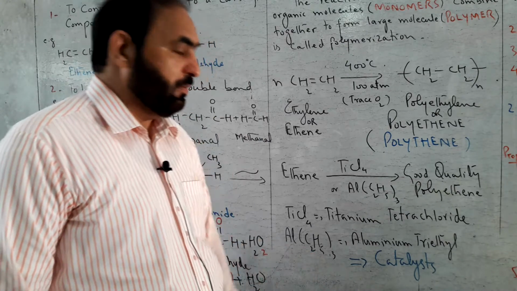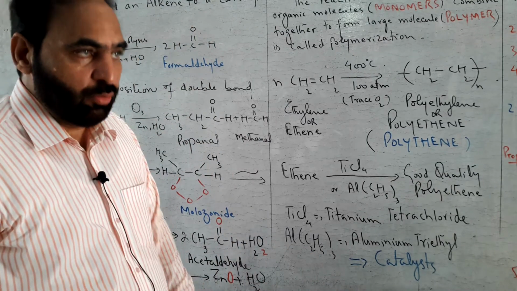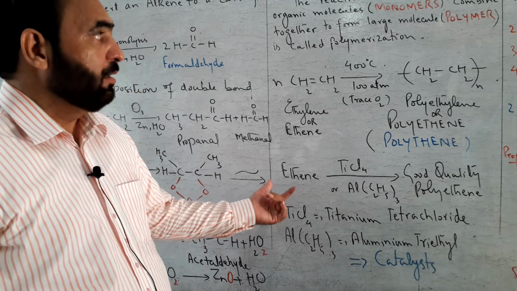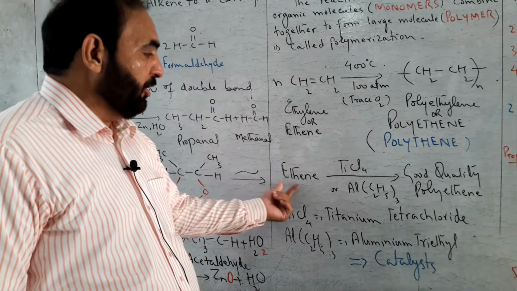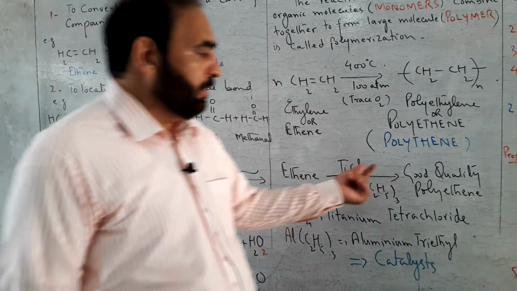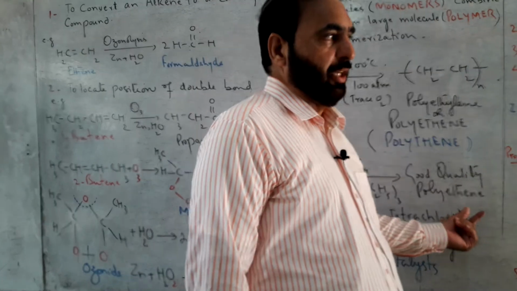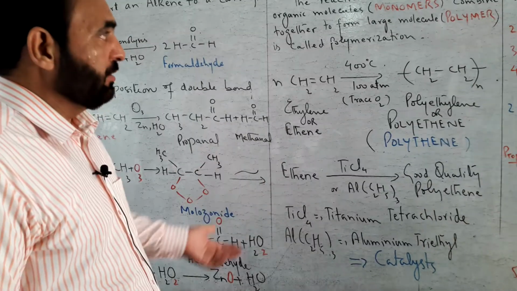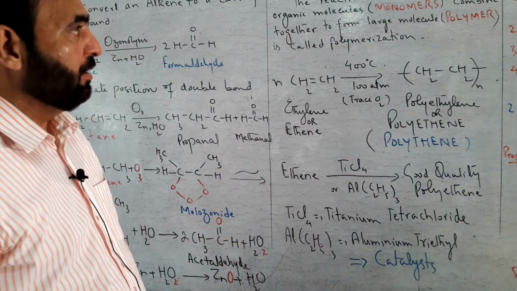Aluminium triethyl, they are suitable catalysts which can be used during polymerization of ethene in order to get a very good quality polyethylene. So these are chemical reactions of alkenes.